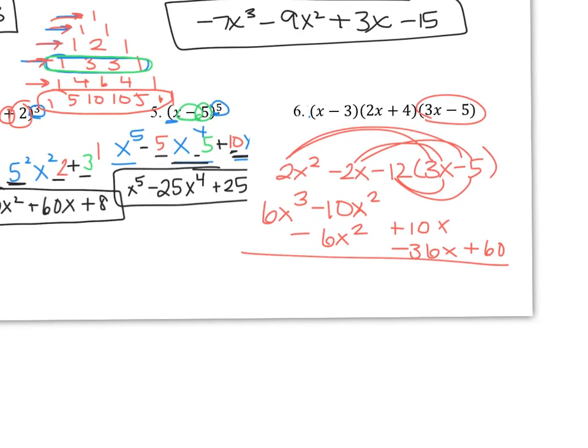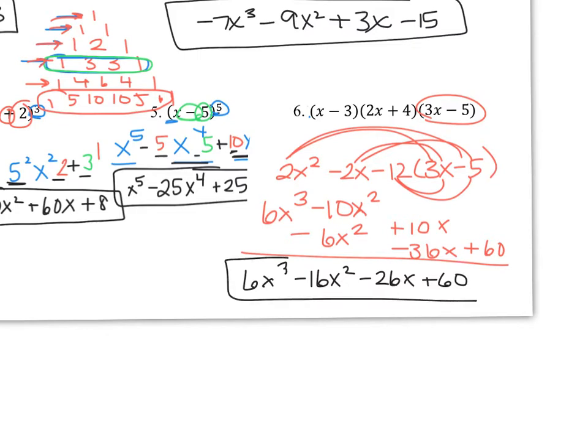So I have 6x cubed minus 16x squared minus 26x plus 60, which it looks like there was a typo on my answer key.